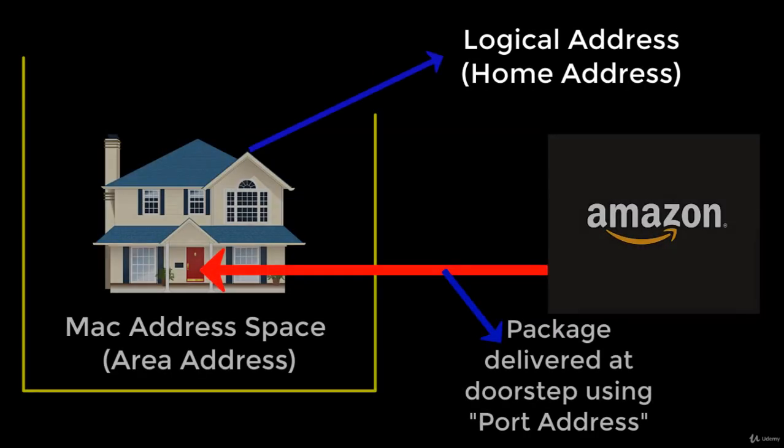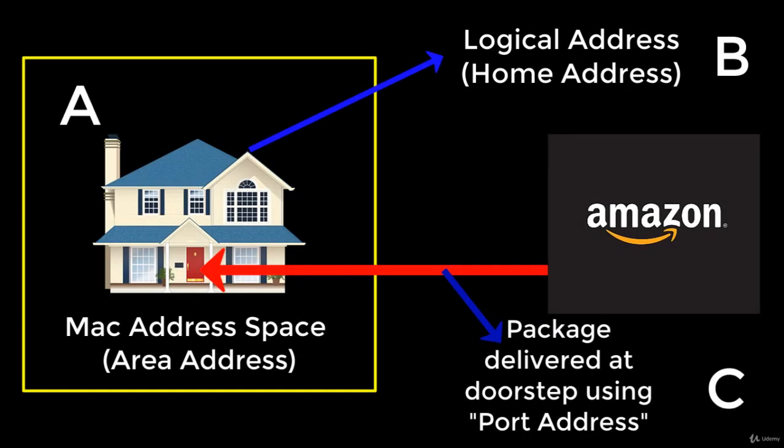To demonstrate a real-life example, let us consider someone from Amazon or Flipkart wants to deliver a packet to your house, right? The MAC address is the place of the region where you live. For example, suppose you are living in region A. The logical address is the address of your building or your house.